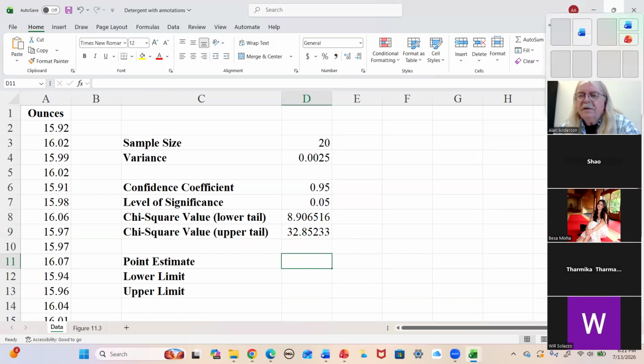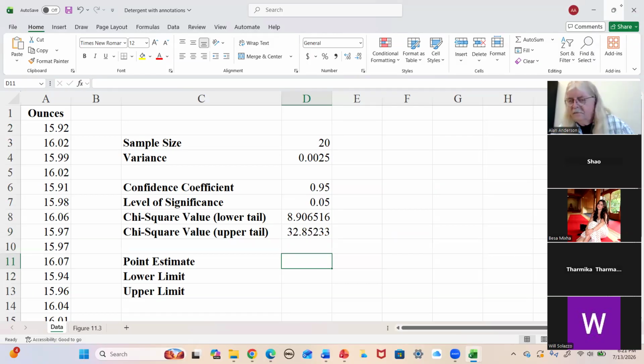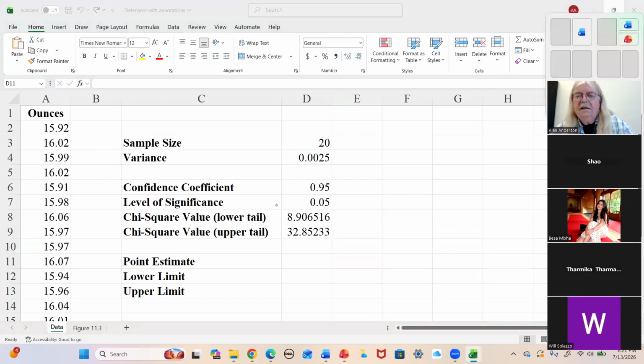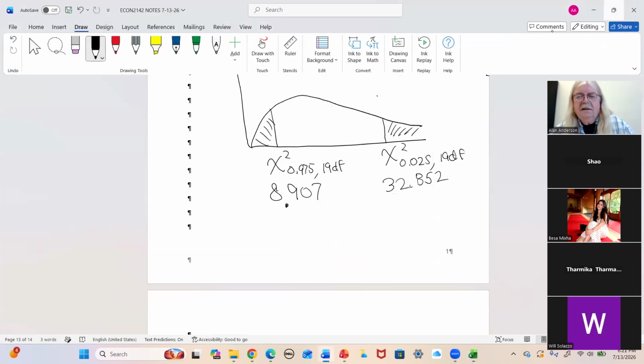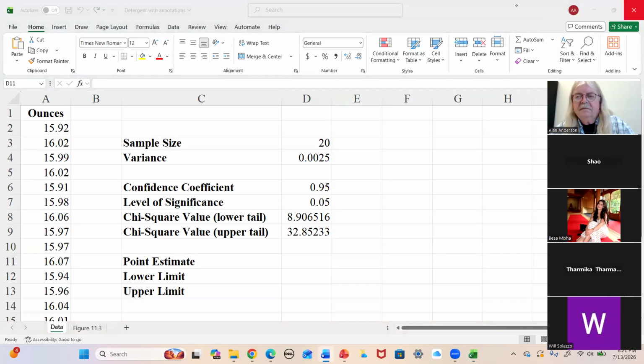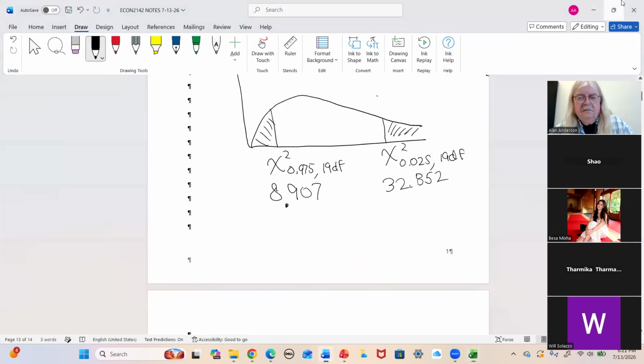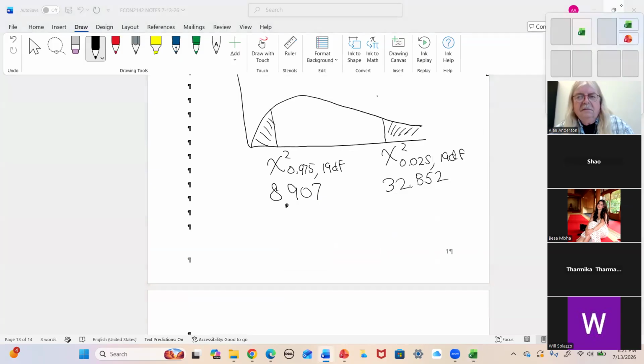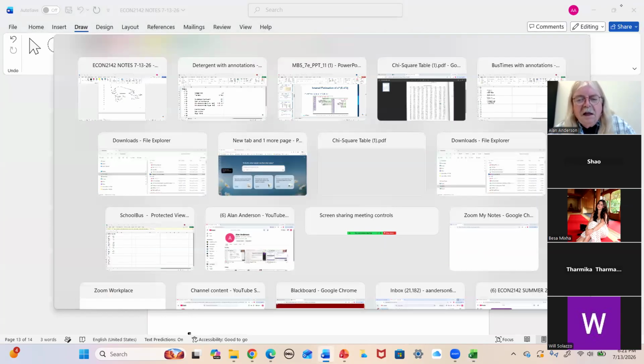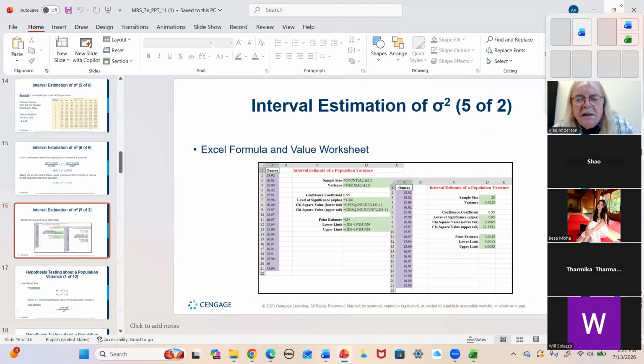The mouse is getting a little peculiar. So lower limit, so point estimate is just D4.